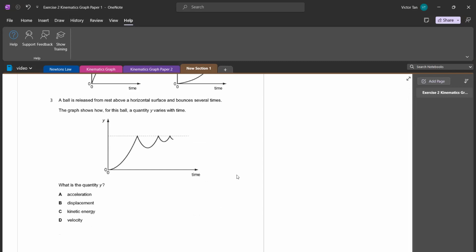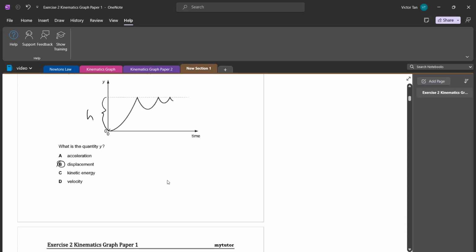So if you use displacement going down as positive, this would be a good representation of the displacement. Displacement to the floor is this height. You will see that the gradient is changing, meaning the velocity is changing.